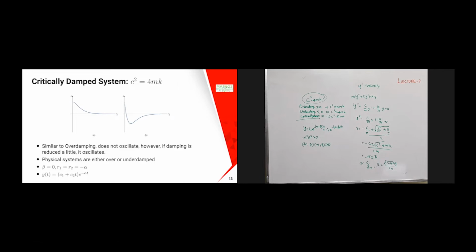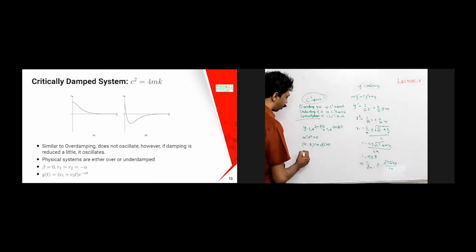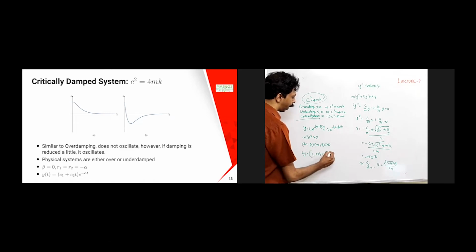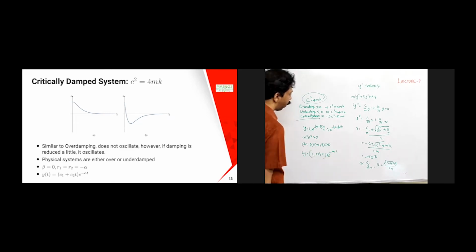In critical damping, you have c square equal to 4mk. In that case, my solution is going to be (c1 plus c2 t) into e power minus alpha t, because beta has become 0. This is similar to overdamping because you have an exponential term, so zero is reached soon.